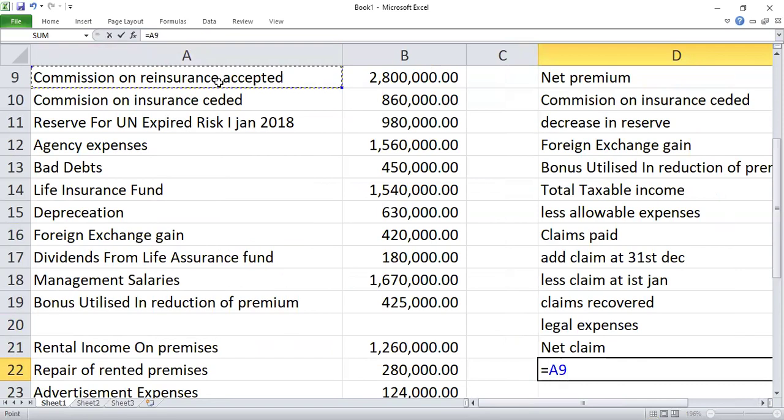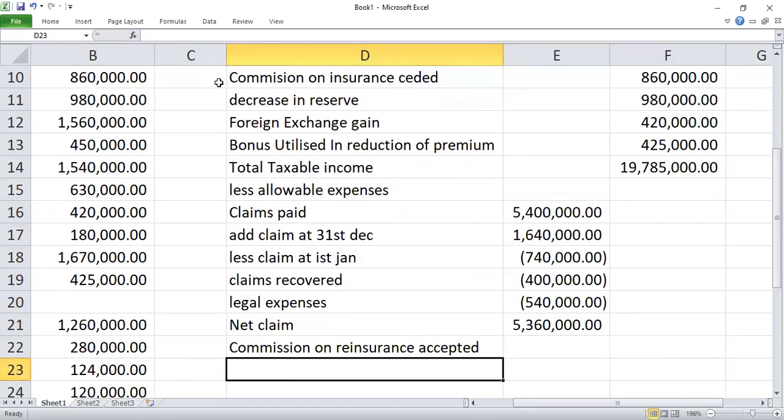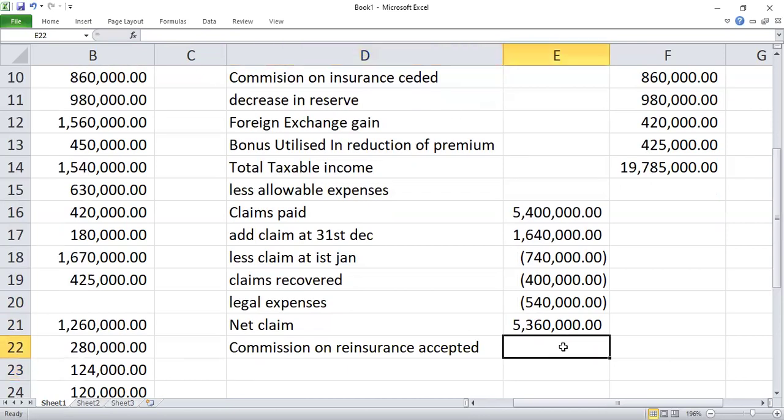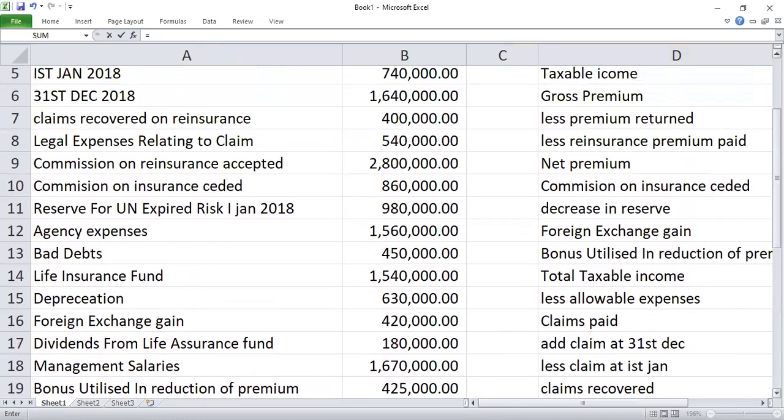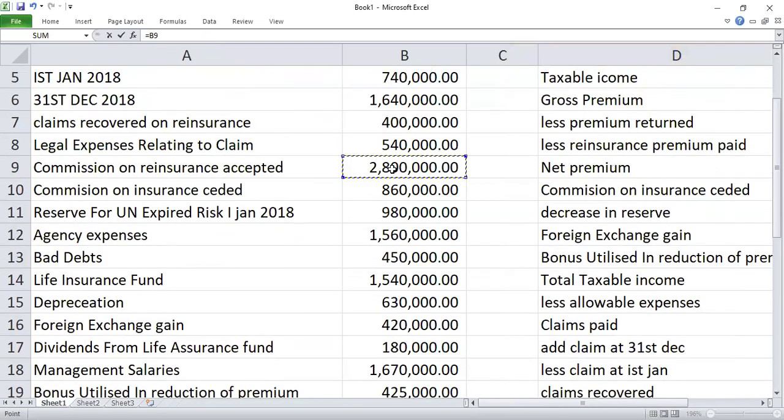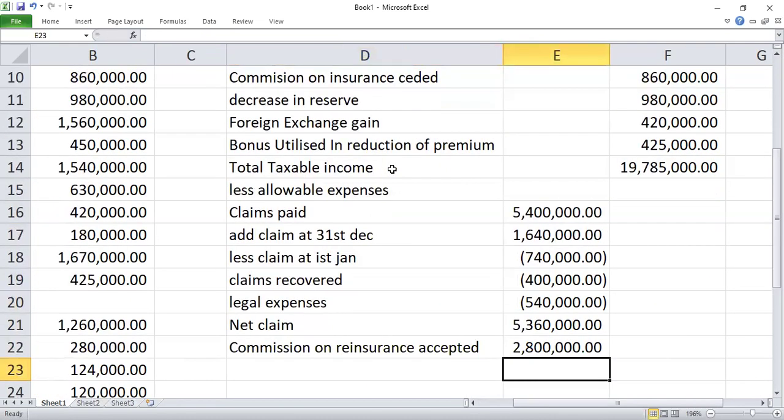The amount there is 2.8 million. Other expenses, commission on reinsurance accepted.